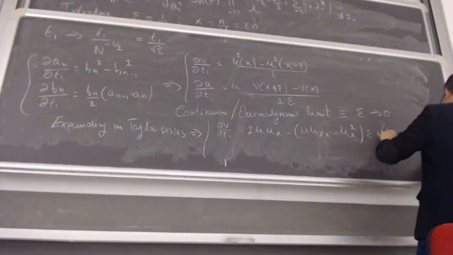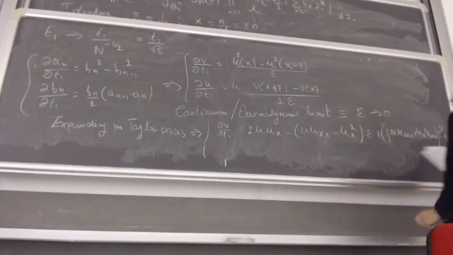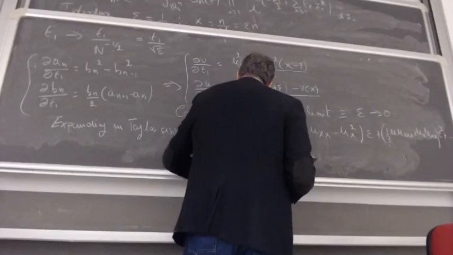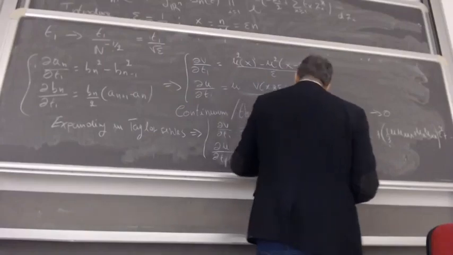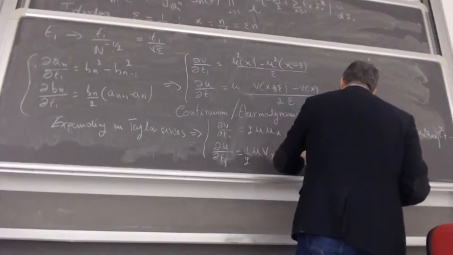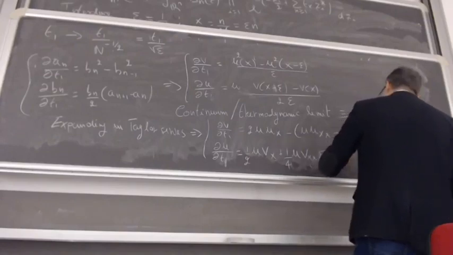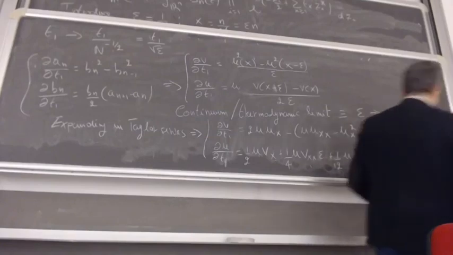So 1 over epsilon, 1 over 3 u_xxx plus u_x u_xx epsilon squared plus higher order terms, and du by dt1 is equal to 1 over 2 u times v_x plus 1 over 4 u times v_xx epsilon plus 1 over 12 u v_xxx epsilon squared plus higher order corrections.